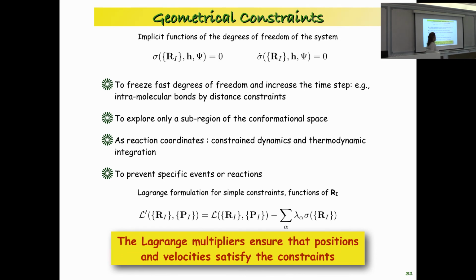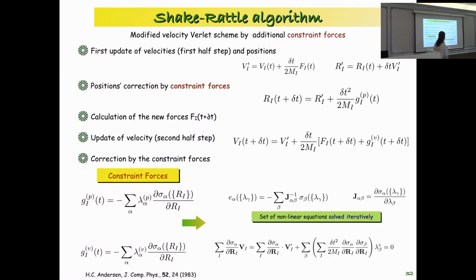You want the value to be fixed and its velocity to be 0. So in this SHAKE and RATTLE algorithm, you will have an additional force term to fix the constraint, and then an additional force term to fix also the velocity. And you find the coefficients to determine these forces as a linear combination of the derivative of the definition of the constraint with respect to the particle positions, just by implementing this algorithm.